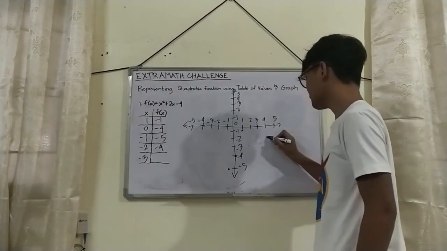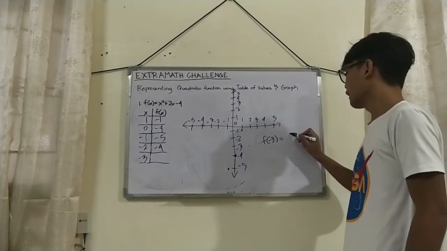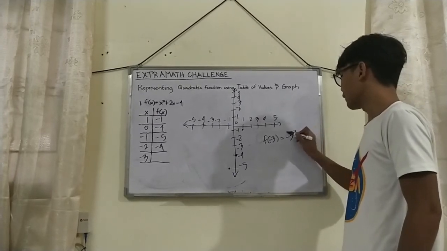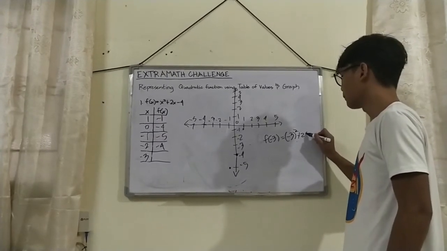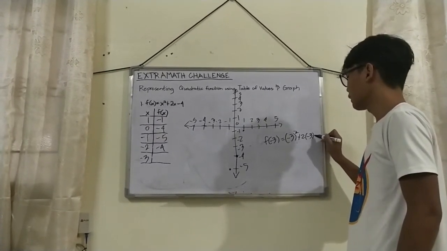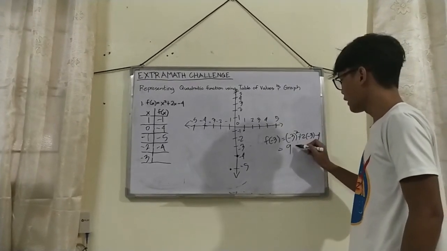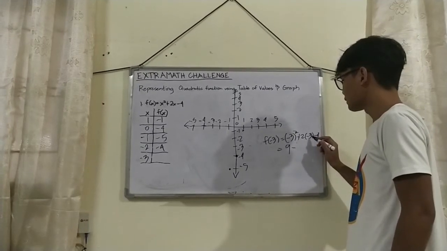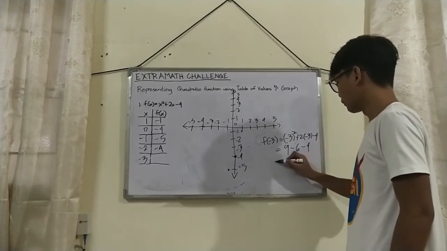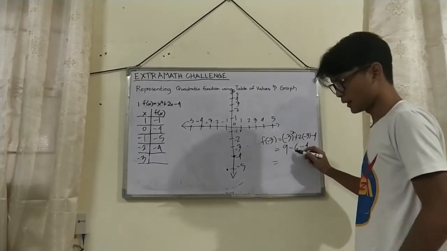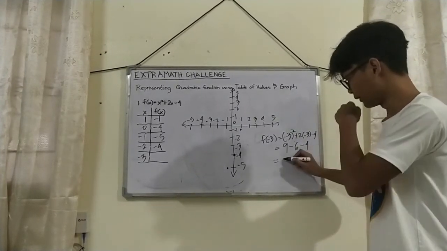If x is negative 3, we will have f of x equal to negative 3 squared plus 2 times negative 3 minus 4, which is 9 minus 6, minus 4. 9 minus 6 is equal to 3, minus 4, and we have negative 1.